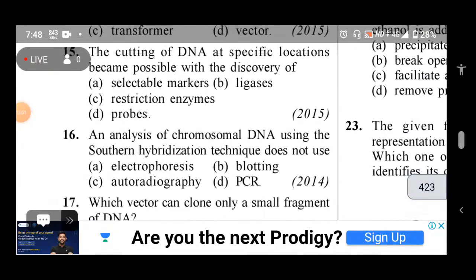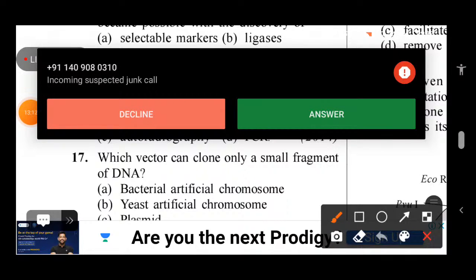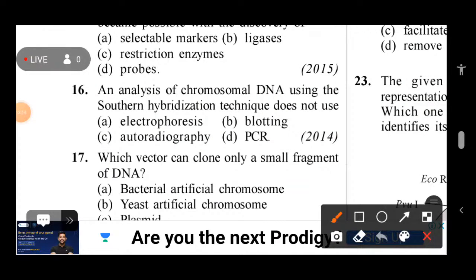Okay, 16th question. The analysis of chromosomal DNA using the Southern hybridization. So we want to note here that in Southern hybridization, the process not involved is PCR. Because what is PCR?